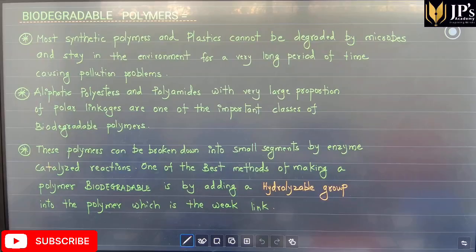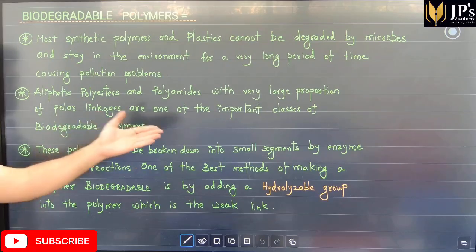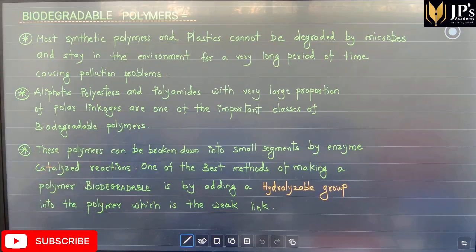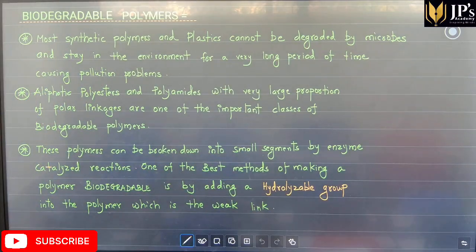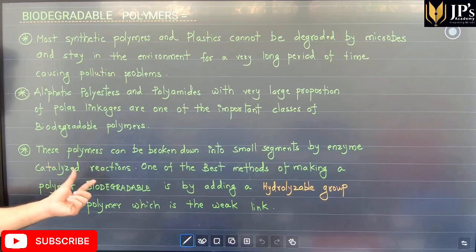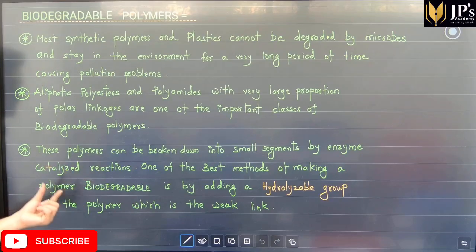Aliphatic polyesters and polyamides with a very large proportion of polar linkages are one of the important classes of biodegradable polymers. Why are they biodegradable? Because they can be easily broken down into smaller segments by enzymes, and these enzymes target that one particular hydrolysable group, which is actually the weak link.